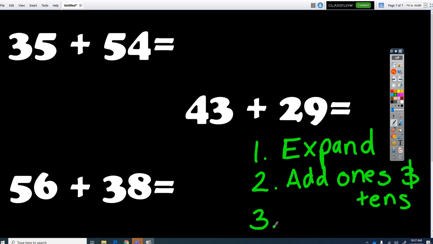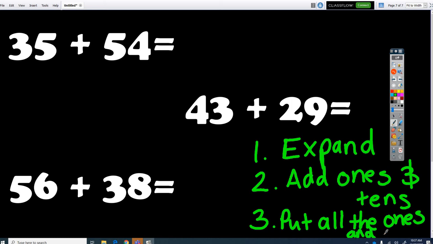And then you have to put the ones and tens together, however many you got. Put all the ones and tens together to get an answer. I'm going to run out of room. I don't have room to write together, but expand it, add the ones and tens, and then put all the ones and tens together to get your answer. And that's how we do the break apart strategy.